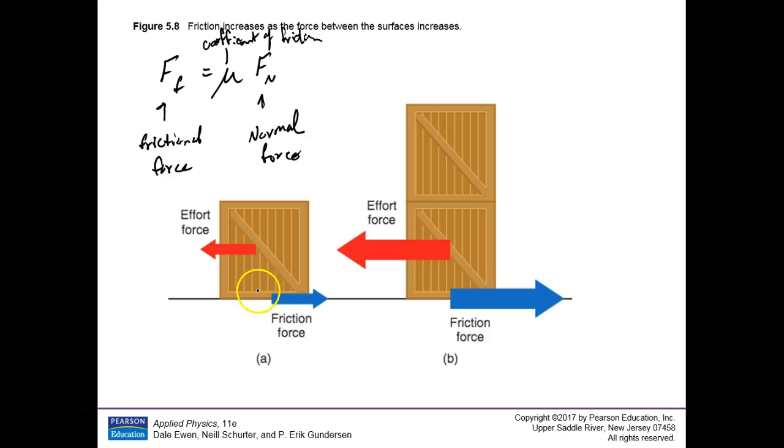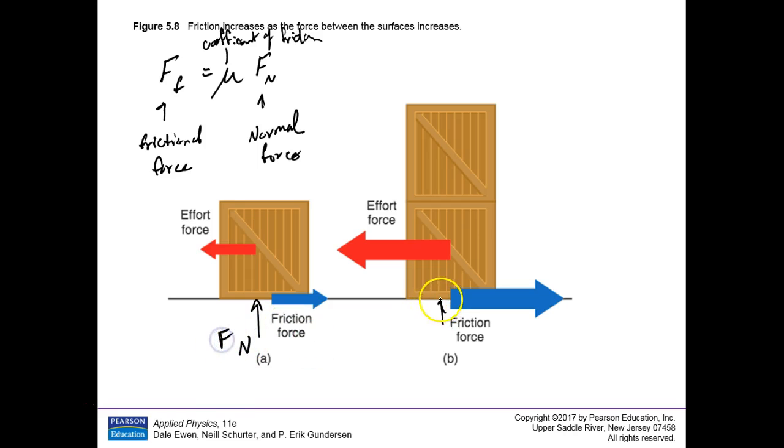Now the normal force is the force of the floor up on the crate. Perpendicular to the surface of the floor. Because remember, the friction is always parallel to the surface of the floor. Okay? So that's the normal force here.